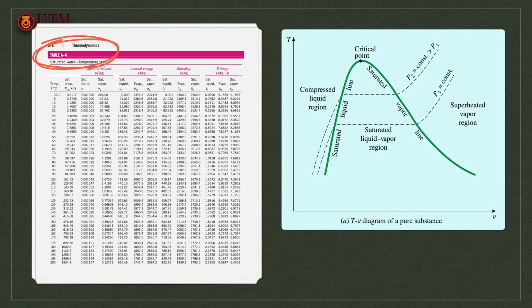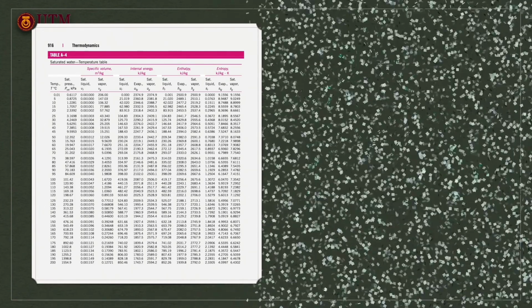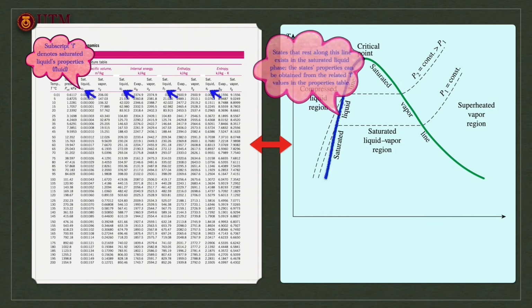I will begin the demonstration by introducing table A4. This table tabulates the properties of saturated liquid and saturated vapor for water. The subscript f denotes a saturated liquid's properties. States that rest along this line exist in the saturated liquid phase.